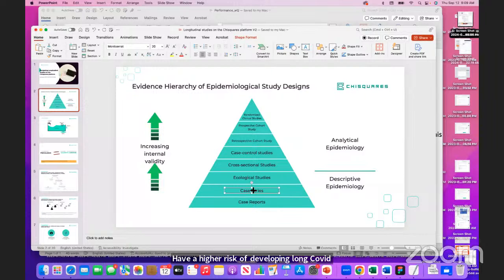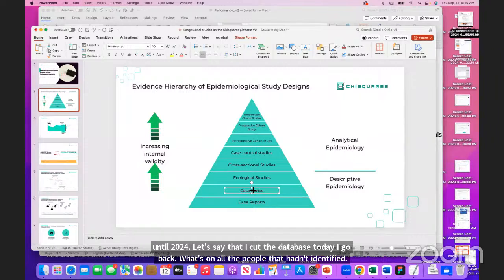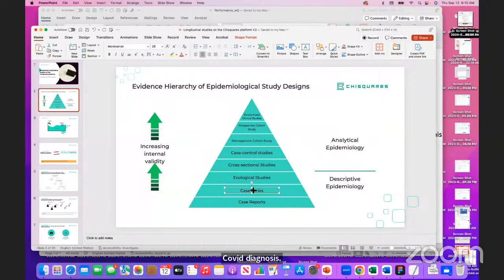And the big issue here is if I follow through from 2020 until 2024, let's say that I cut the database today, I go backwards on all the people that had an identified COVID diagnosis, there are some patients that could have gone from 64 to 65 throughout my period of observation. How will I manage those?